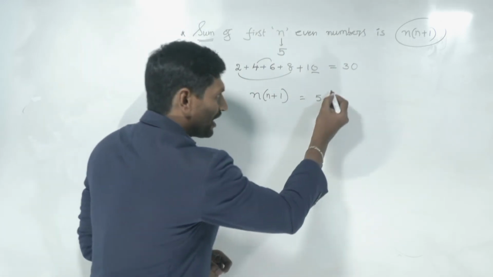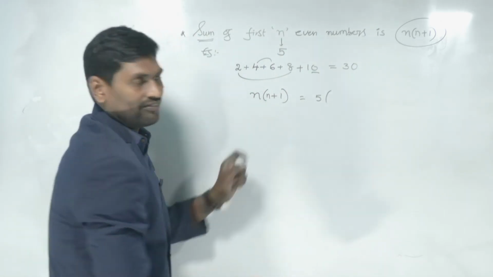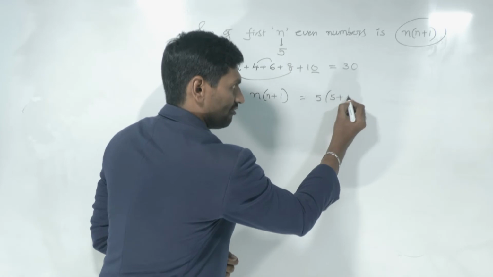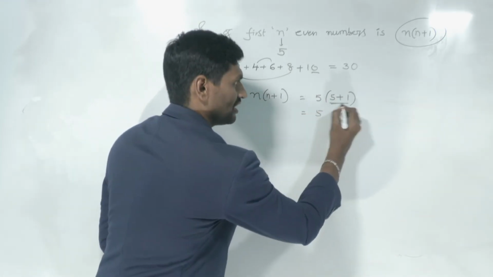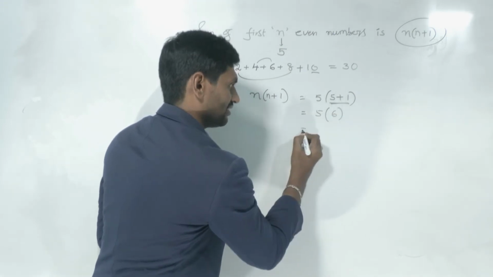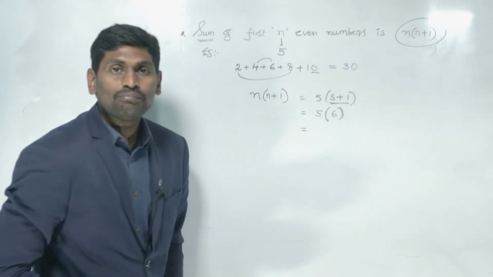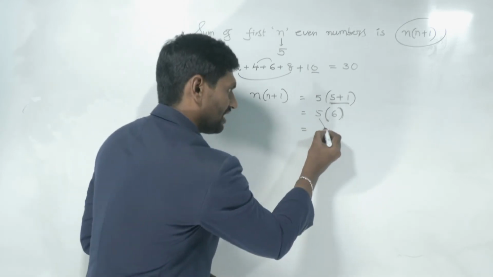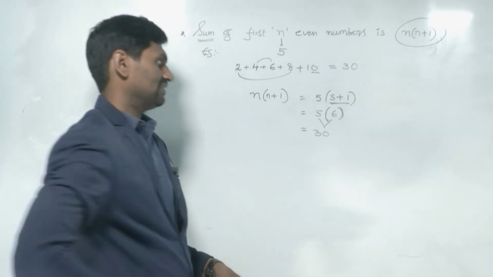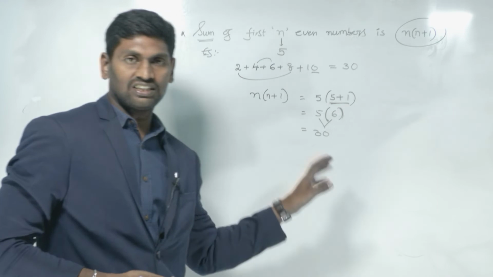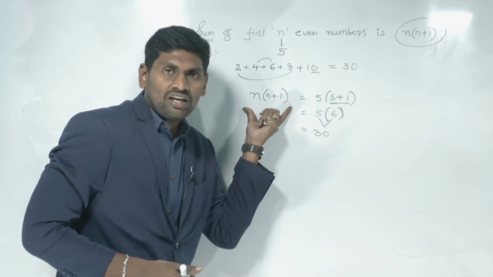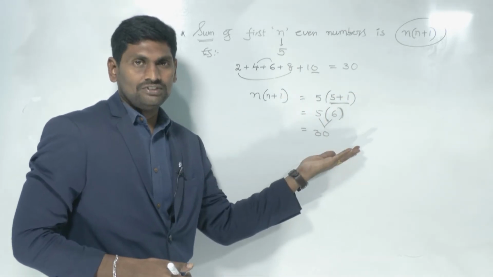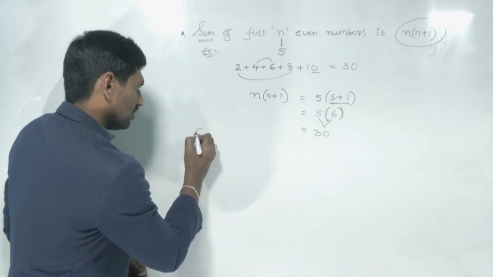Bracket n plus 1, n value 5. 5 plus 1 value is 6. The bracket indicates a multiplication symbol, right? 5 sixes are 30. While adding like this, if you use the formula, it is a simple answer.